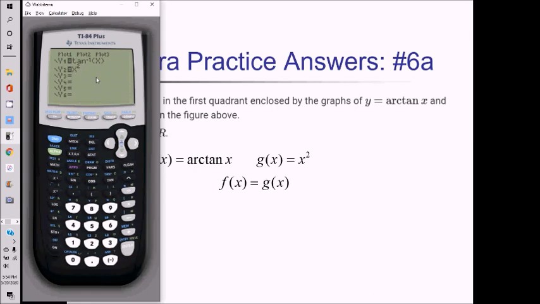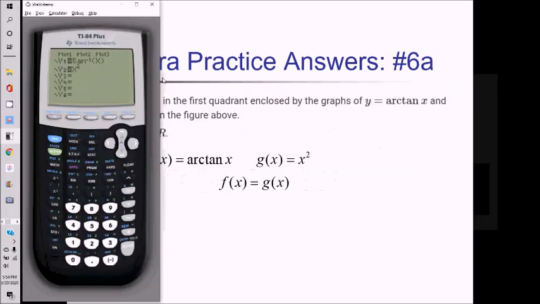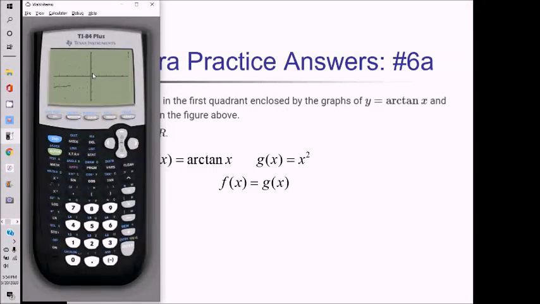I'm not really sure which window I should use, but based on what I see here, these are kind of zoomed in. I'm thinking I can get pretty close and still find that intersection. So let me do zoom 4 and see what we come up with. So there's arctan. There's x squared, and yeah, I can get way closer.